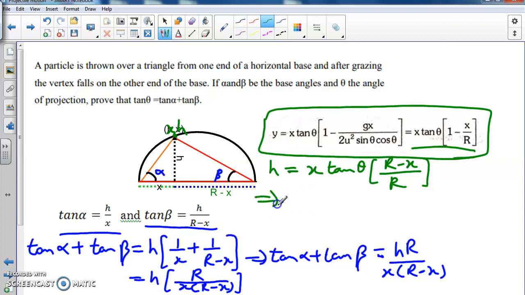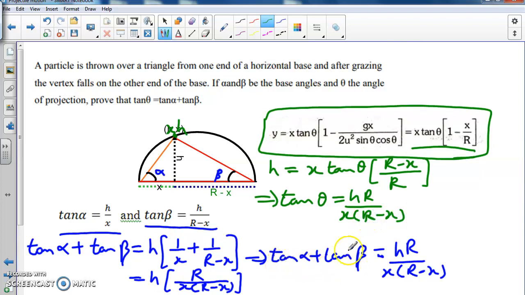From here, what we get, tan theta is equal to, on cross multiplying, it becomes hr upon x into r minus x.